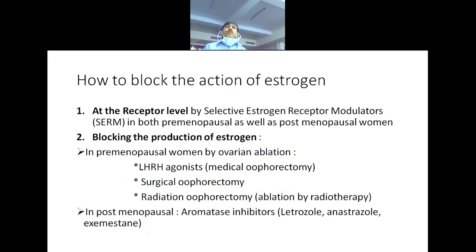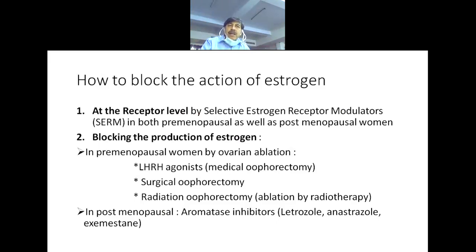So how do we block the action of the estrogen so that the cancer cells do not proliferate and the tumor does not increase in size? We can block the action of the estrogen either at the receptor level, or, as the second method, we can block the production of the estrogen.